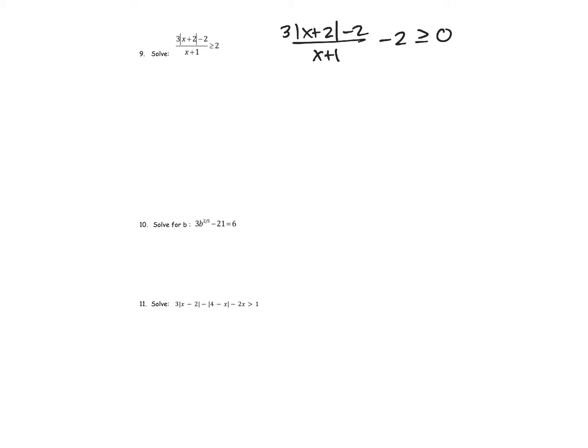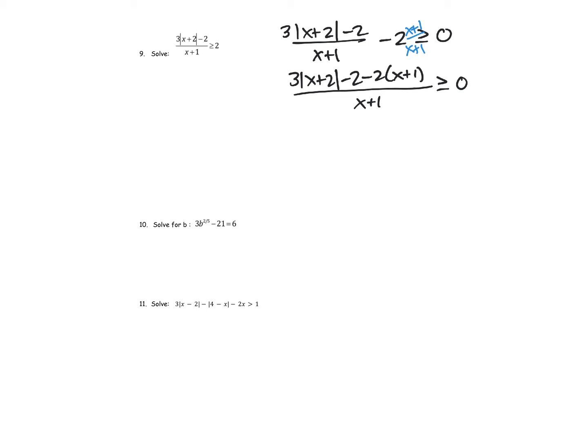The common denominator will be the only denominator out there, which is the x plus 1. So to get that common denominator, I'm multiplying 2 by x plus 1 over x plus 1. So putting that together under the denominator of x plus 1, I'm going to get minus 2 times x plus 1, all over x plus 1.